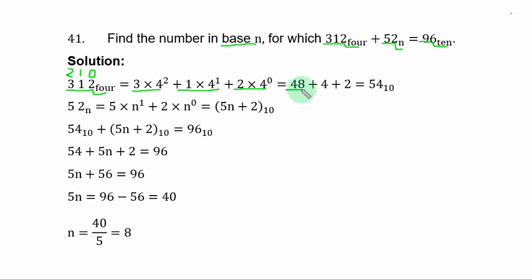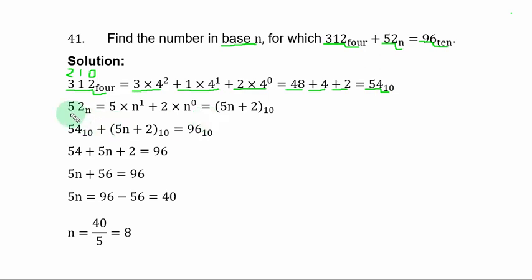You have 48 plus 1 times 4 power 1, that is 4, plus 2 times 4 power 0, which means 2 times 1, you have 2. When you add together, you have 54 base 10.